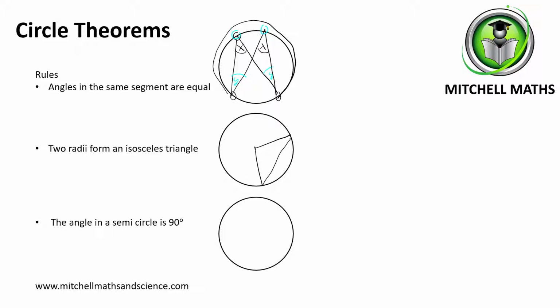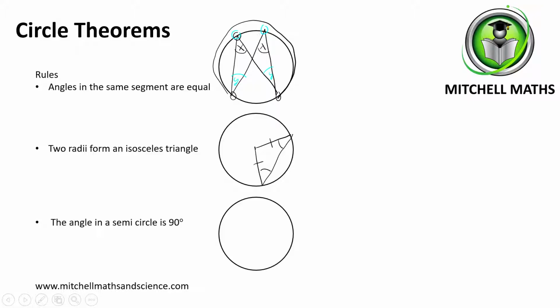So if we had a triangle like that, it would be isosceles, which is quite useful when working out angles, because we know that this angle and this angle would be the same. And that would mean we'd only need one angle in order to work out the rest of the angles in the triangle.